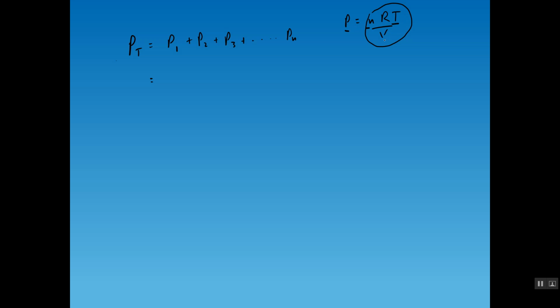The temperature would be the same, and the volume would be the same because they're all in the same container. So therefore, for P1, the expression we would write would be n1RT over V. And then for P2, it would be n2RT over V. And for the third gas, n3RT over V. And that continues to the nth gas, nnRT over V.